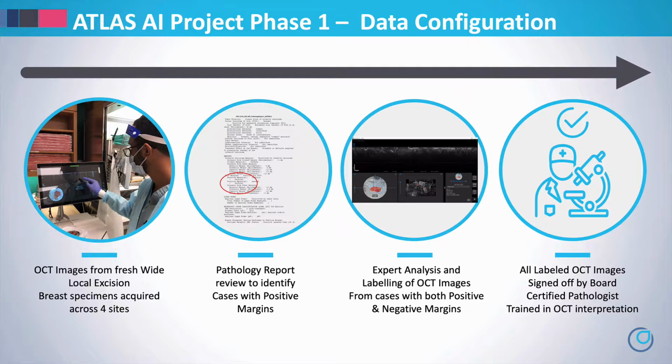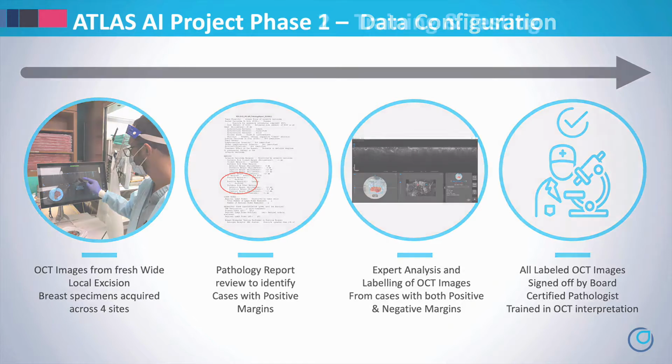And this is true for both those patients whose lumpectomy has had positive margins and those patients for whom there have been negative margins. And then finally, as you can see on the right-hand side, an expert pathologist trained in OCT interpretation will then compare and label the OCT images.